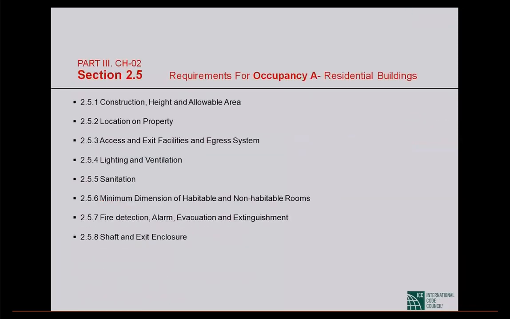So we'll start with residential occupancy, occupancy A. It is section 2.5 of this part 3 chapter 2.